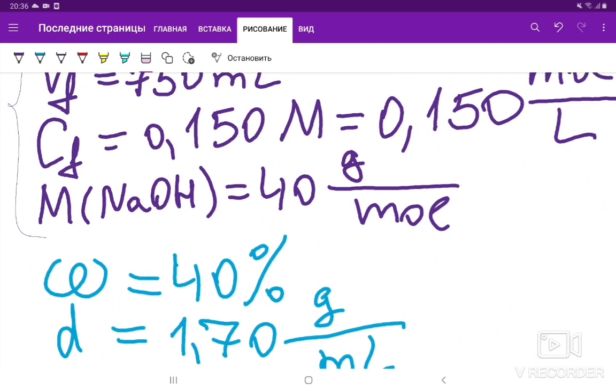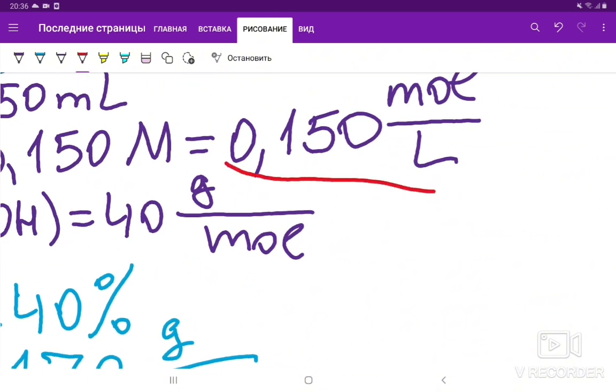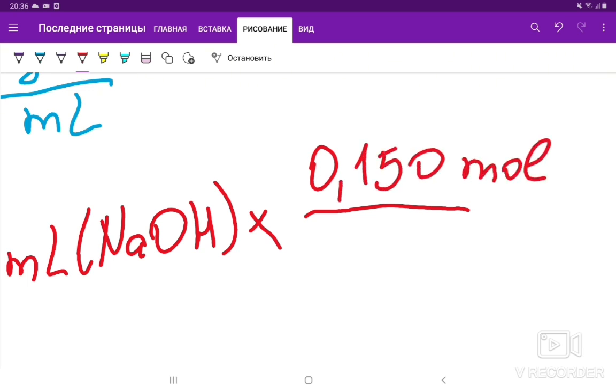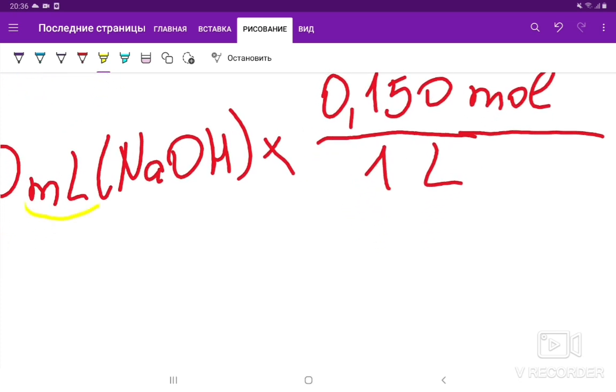Indeed, we can multiply it by the concentration, 0.150 mole per liter, 0.150 moles in 1 liter. And now we see that here we have milliliters and here we have liter. We have to convert liters into milliliters.